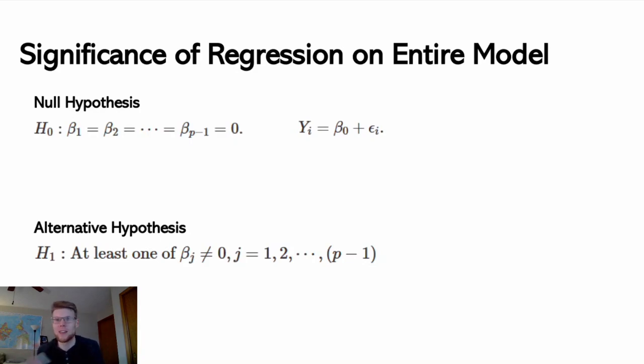I'll get a little bit of trivial correlation for any of the predictors that I add, but nothing that represents an underlying effect. The alternative is that at least one of these predictors does have a linear relationship with the response variable.